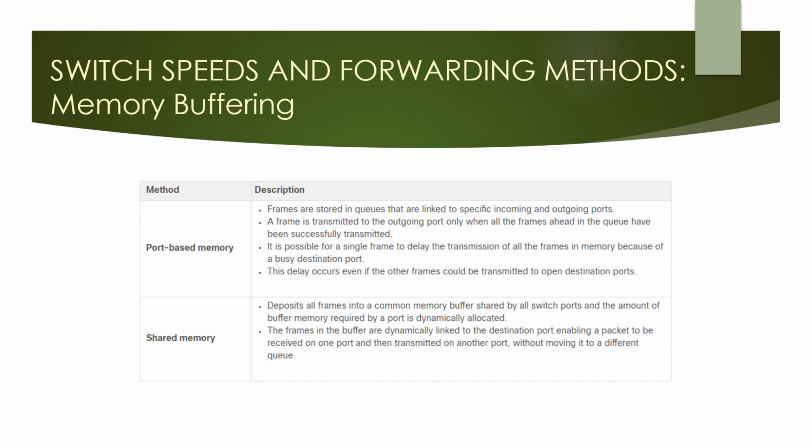Shared memory buffering also results in the ability to store larger frames with potentially fewer dropped frames. This is important with asymmetric switching, which allows for different data rates on different ports, such as when connecting a server to a 10 gigabit per second switch port and a PC to a 1 gigabit per second port.